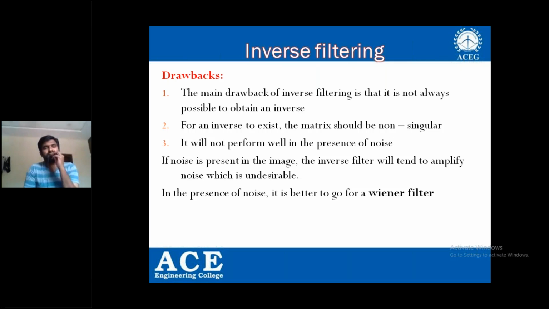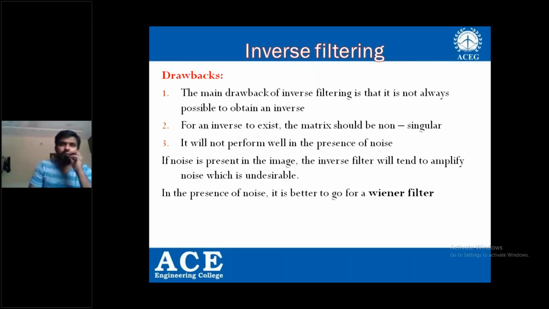Therefore, in the presence of noise, it is better to go for the Wiener filter. Usually here, the degradation may be due to degradation while the image is captured, and noise added during the transmission time.